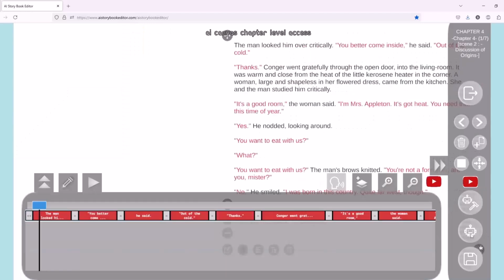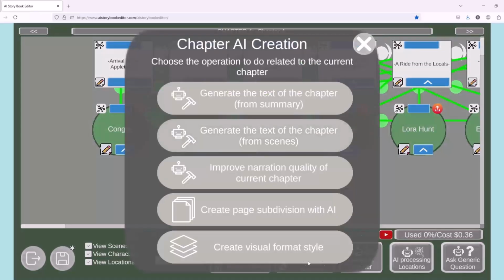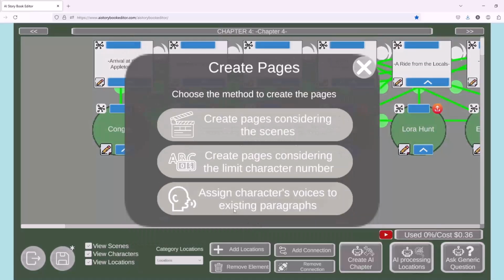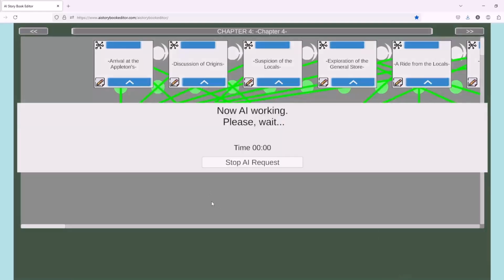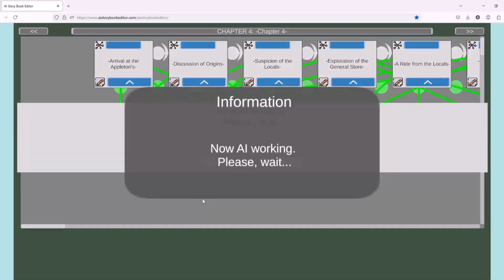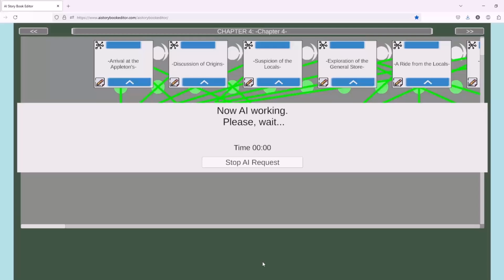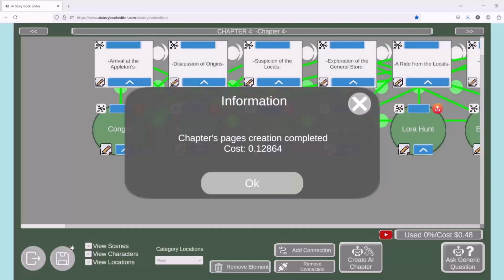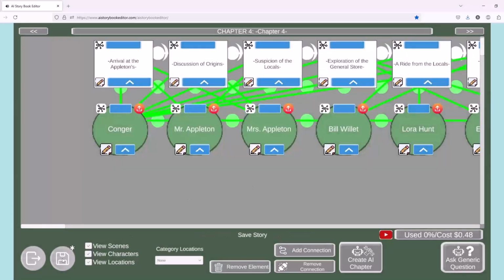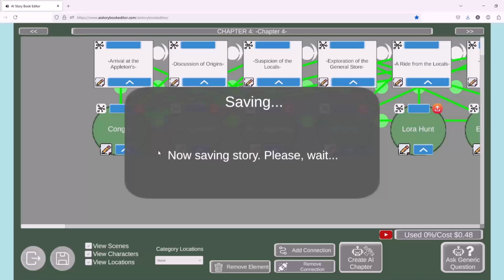Okay, let's do the next chapter. Let's calculate the assignation of the dialogues to the right characters. Okay, let's save the progress and review chapter 4.